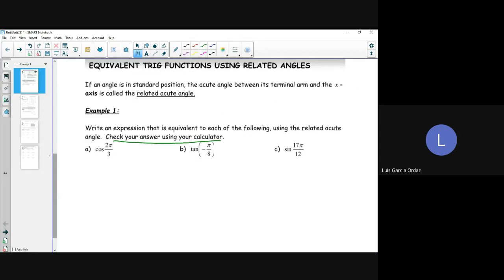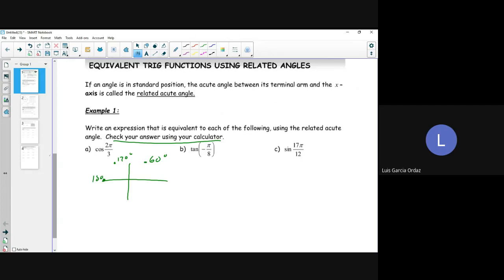Okay. So our first one is cos of 2 pi over 3. So we have to draw it out. What is pi over 3? 60. So we have 60, 120, and we have 180.